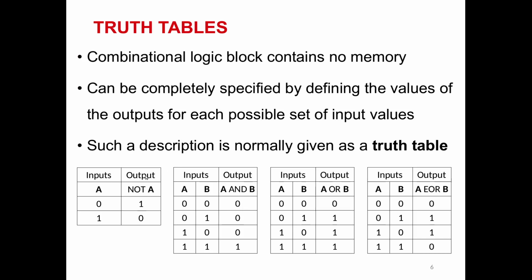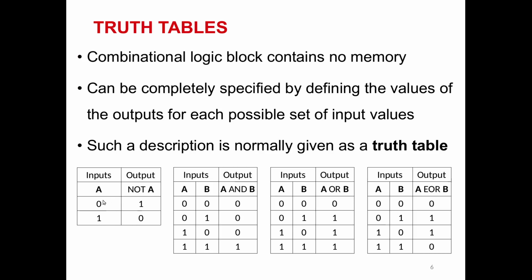As you can see here, I show you the truth table for the NOT logic function, for the AND with 2 inputs logic function, for the OR with 2 inputs, and for the exclusive OR with 2 inputs. For the NOT, it is a complement or the inverse.